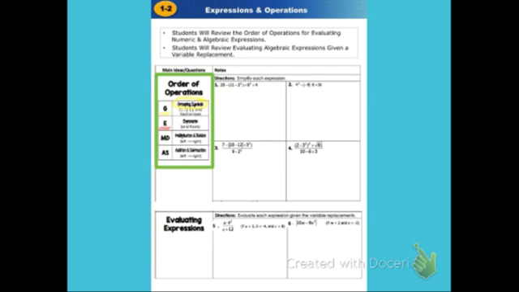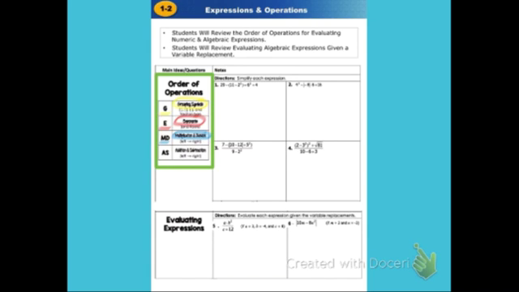Now the second level, when we evaluate or simplify expressions, is to take care of any exponents and also roots. So the E represents exponents, but it also represents any roots. So if you have to take some square roots, cube roots, things like that, those would be equivalent to an exponent. And we'll learn more about why a root is just like an exponent later on. Now the next level is, they're kind of on an equivalent level, multiplication and division, the M and the D. And because they are at the same level, we work any multiplication and division from left to right.